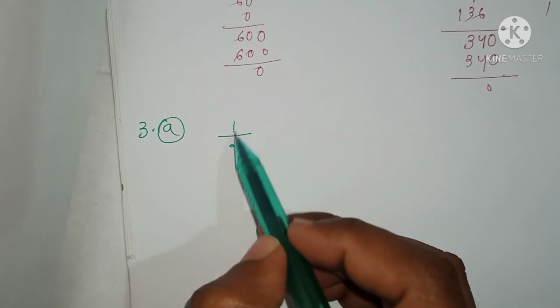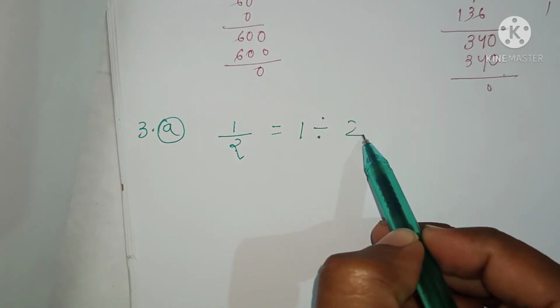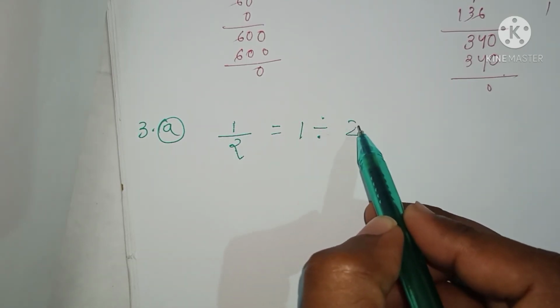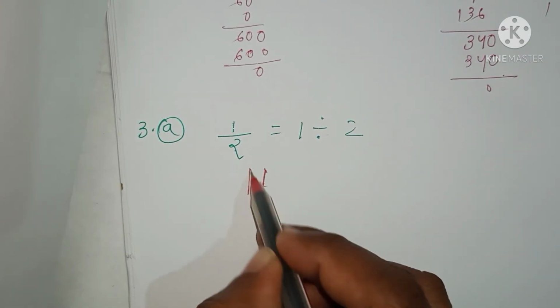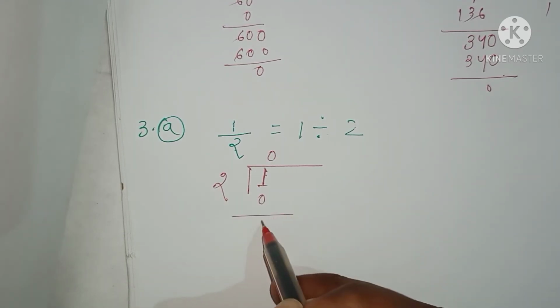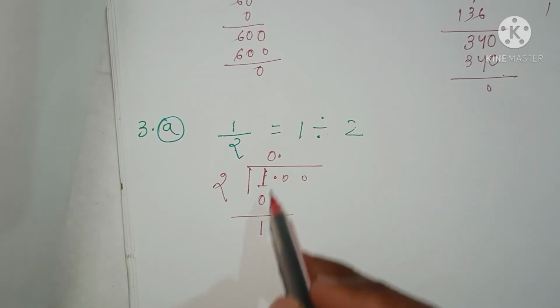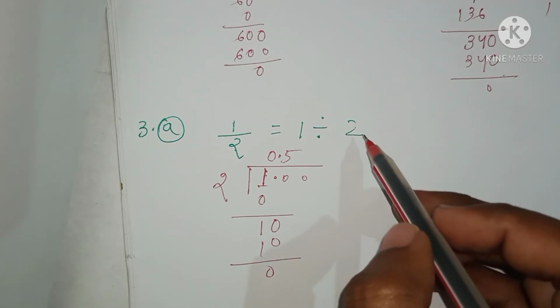So we can write this fraction in the form of division, like 1 divided by 2, because the numerator will be the dividend and the denominator is the divisor. So here we can do 1 divided by 2. If this one is smaller, meaning 2 zeros are 0, so 1. Here point, many 0s are there, so 1 0 will be brought down, we'll put a point here. 2 5s are 10, so this one is 0.5.